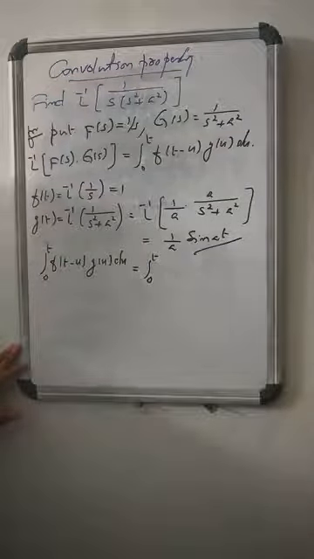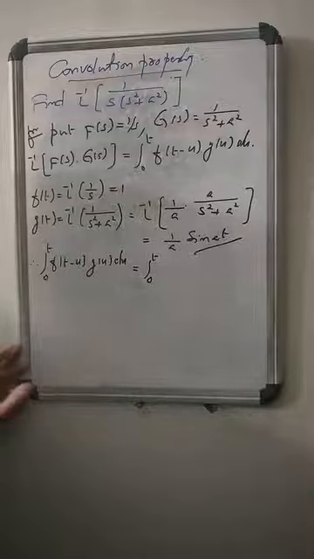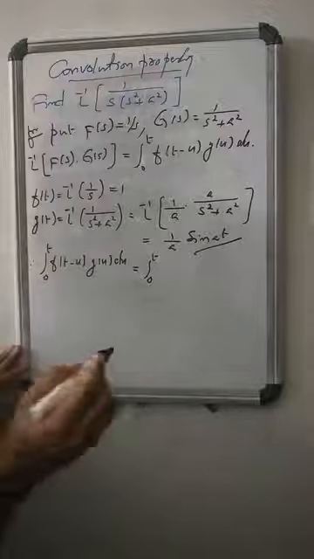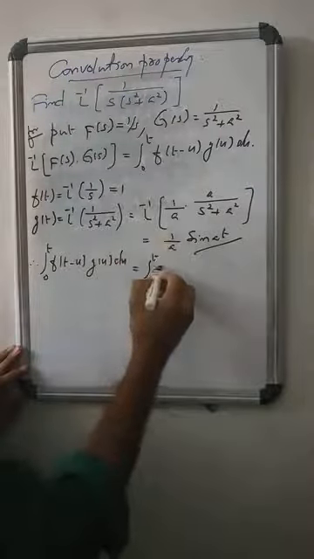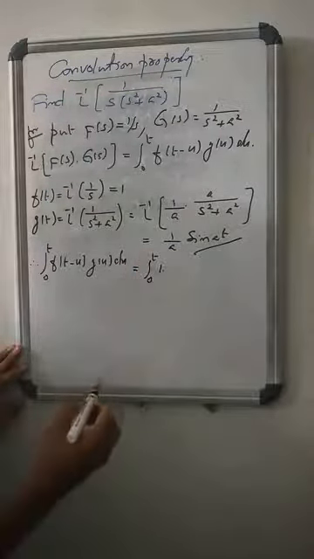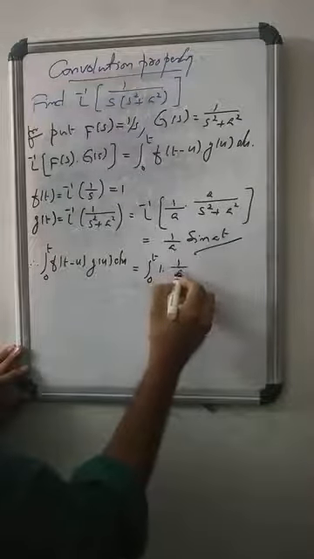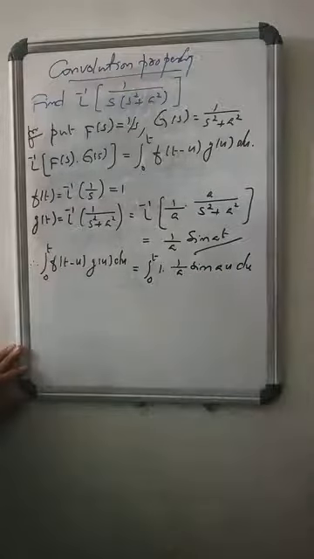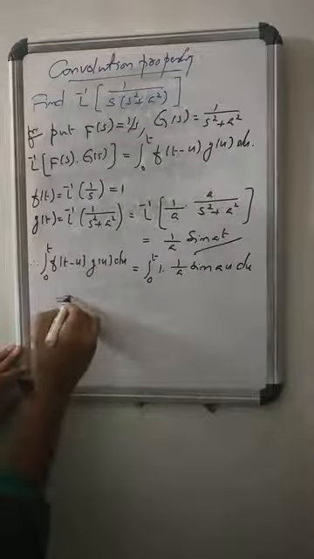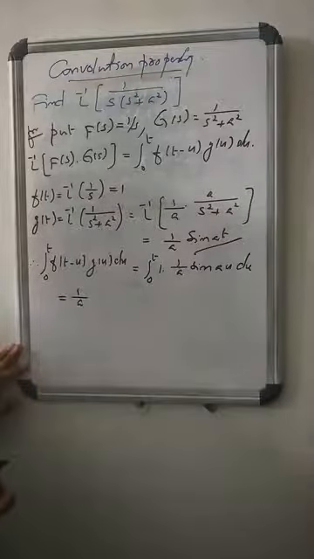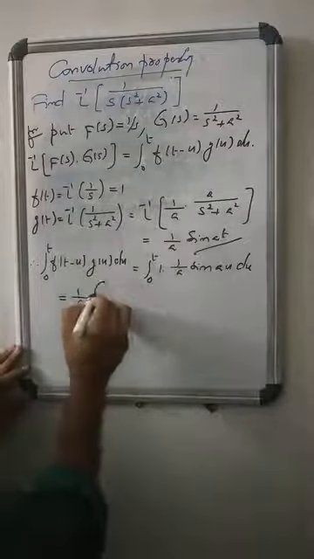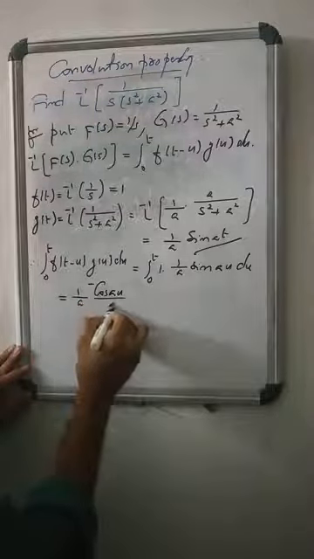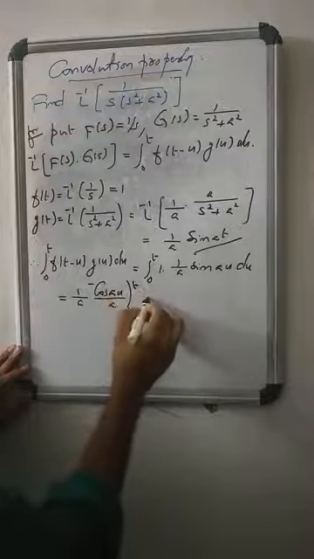Therefore f of t minus u is also 1 itself. So f of t minus u is 1, into g of u, 1 by a sin au du. Replace t by u. That equals 1 by a into, what is the integral of sin au? It is minus cos au by a, from 0 to t.